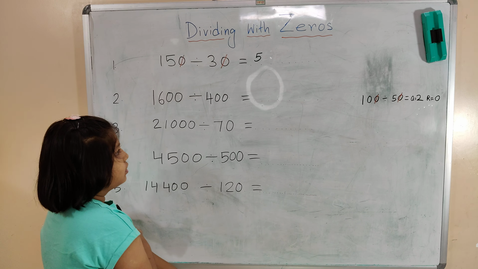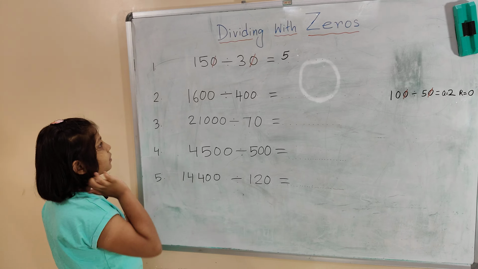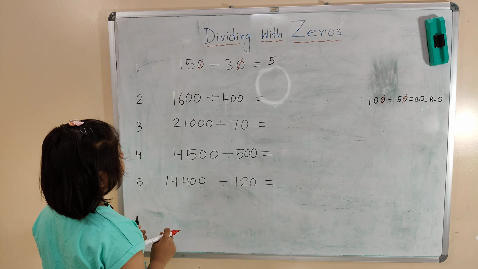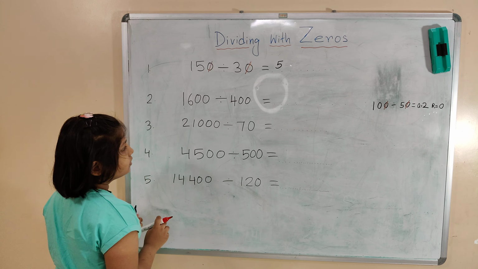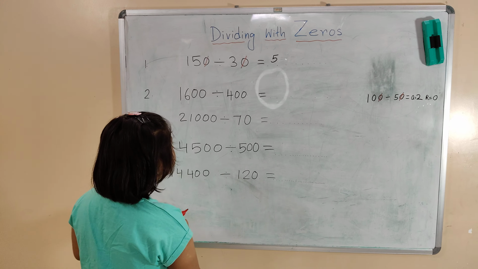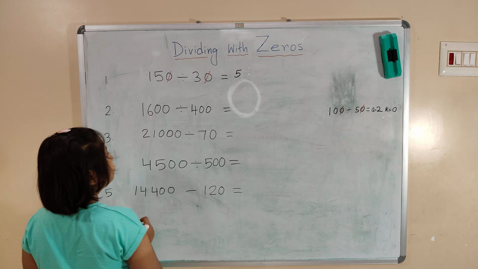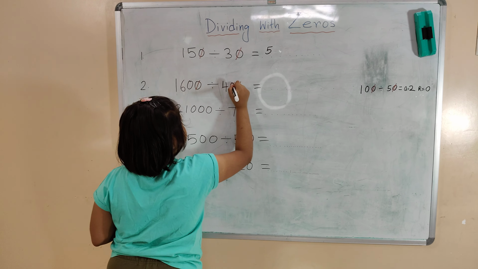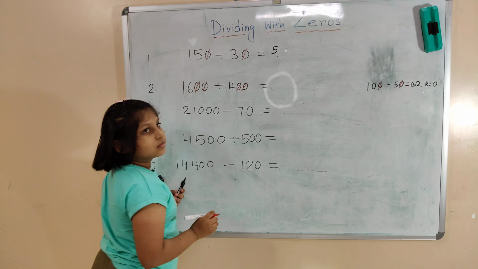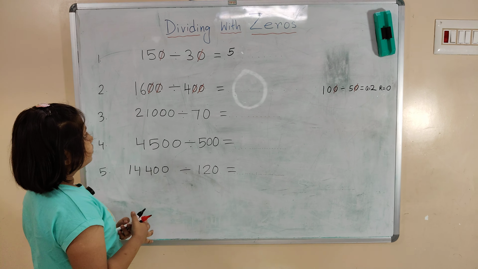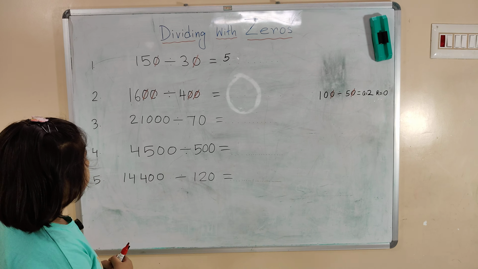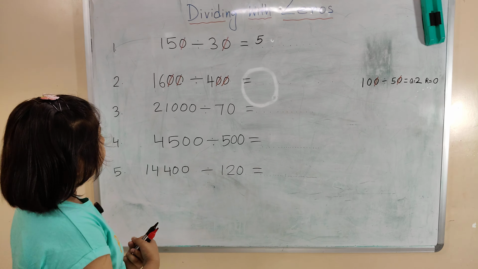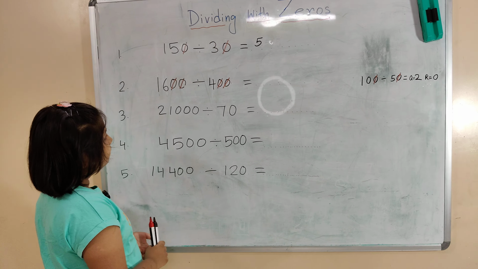Now what's the next question? 1600 divided by 400. How many common zeros are there? 2 zeros in both sides, right? In 1600 there are 2 zeros and in 400 there are 2 zeros.